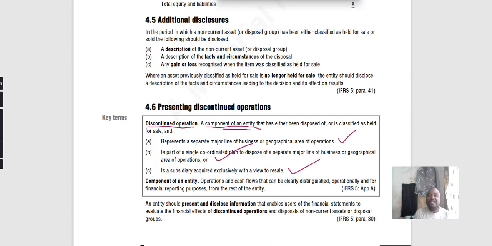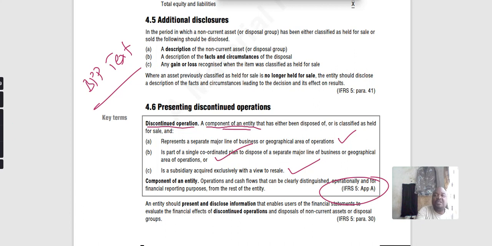That is from the BPP text, cited from the standard itself, International Financial Reporting Standard number 5, Appendix A.